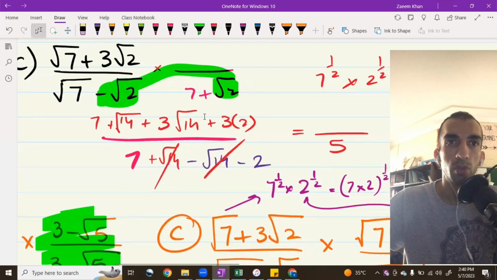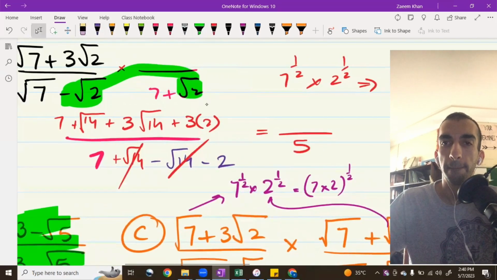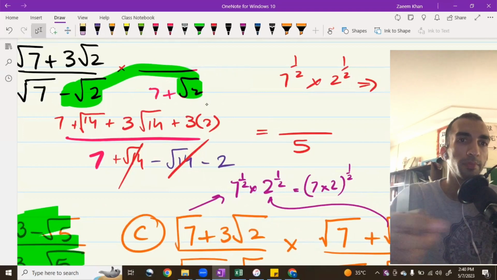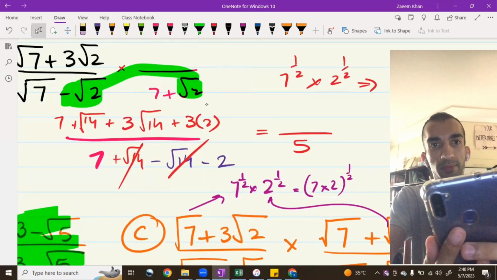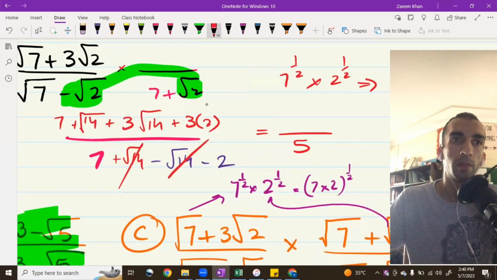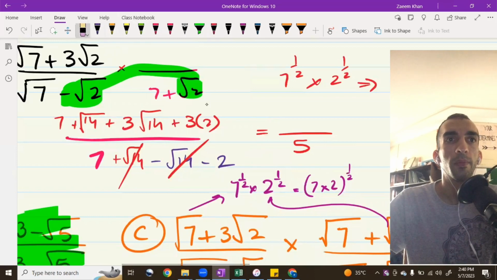And what's the answer in the numerator? Would you have to do 7 plus minus 2 for the numerator?